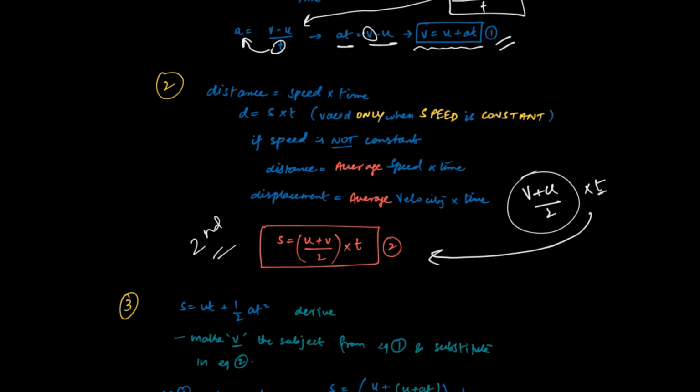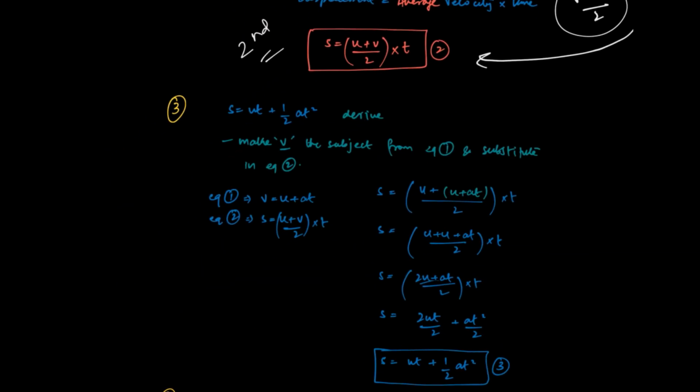Moving on to the third equation of motion, we have to derive it. However, derivation is not required in the syllabus, but it is good to know how we derive any equation. So this equation, displacement equals initial velocity into the time plus half of acceleration into time squared, is derived when we make v the subject from equation number 1, that is v equals u plus at, and substitute in the second equation.